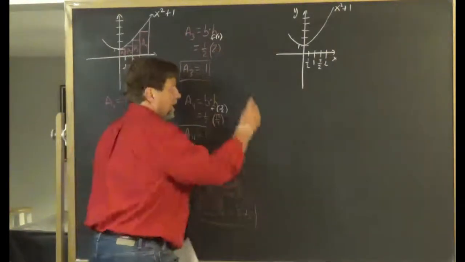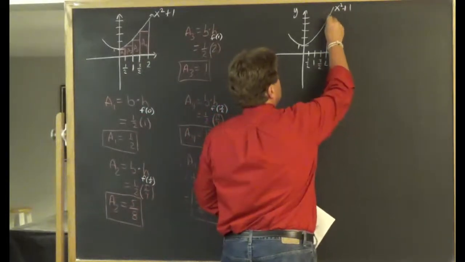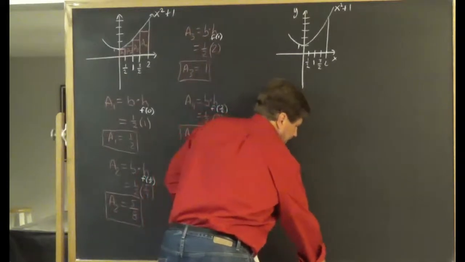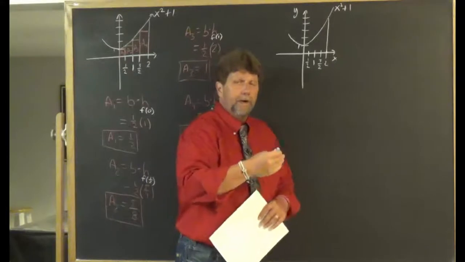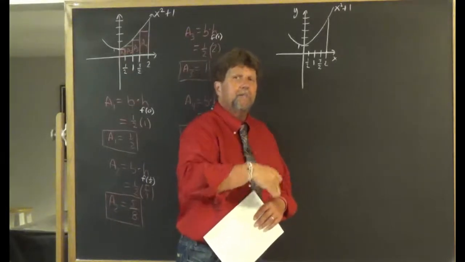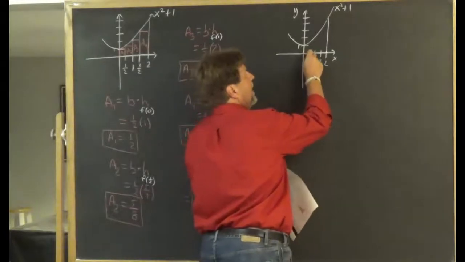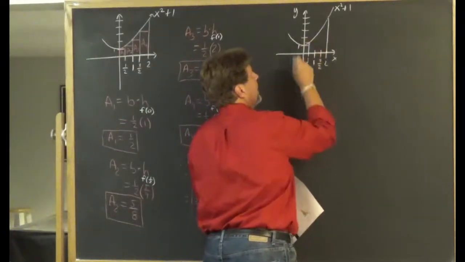So let's come over here. Same deal. I'm going to use rectangles to approximate the area under the curve, except this time I'm going to use the right endpoint of each subinterval to tell me the height of a rectangle. So the subinterval 0 to 1/2, I use the right endpoint to tell me the height.